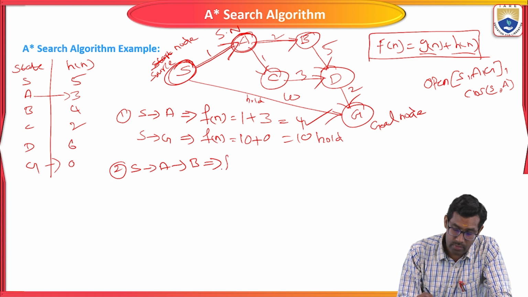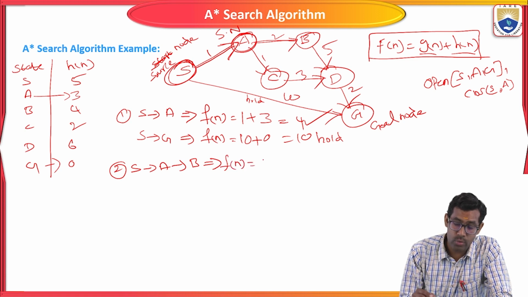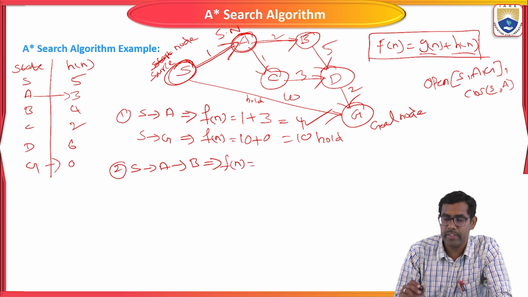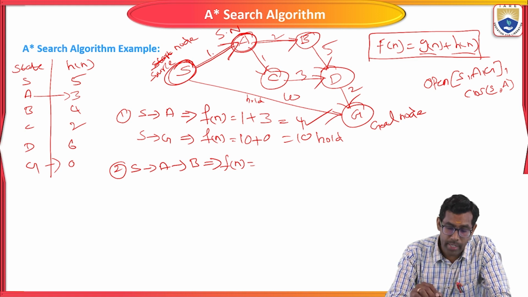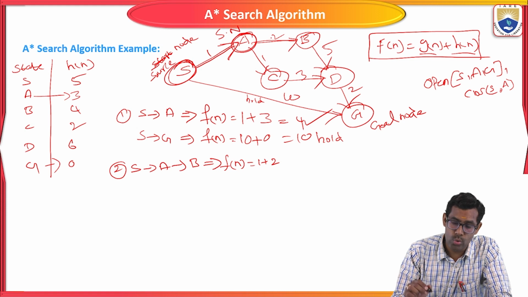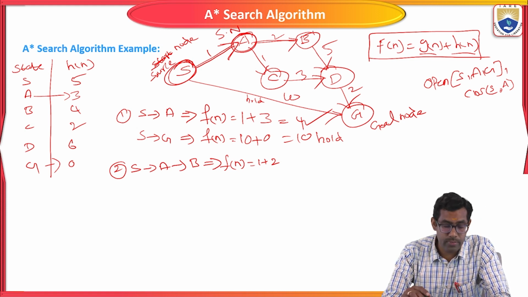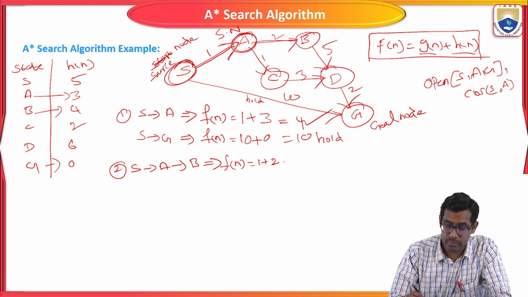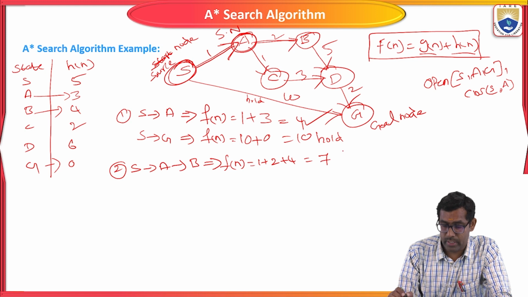Now here we are going to calculate the f of n value. First, g of n, the cost from the starting node: 1 plus 2, then the heuristic function of B is 4. So the total value is 7, right?